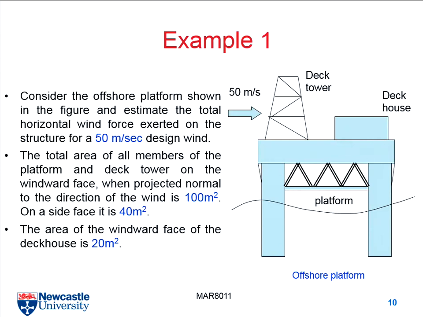And all the members of the platform, I mean the area of things like the platform and the deck tower, the facing area to the wind is 100 square meters. So we have 100 square meters here. And the side face of them, this side and this side, is 40 square meters.